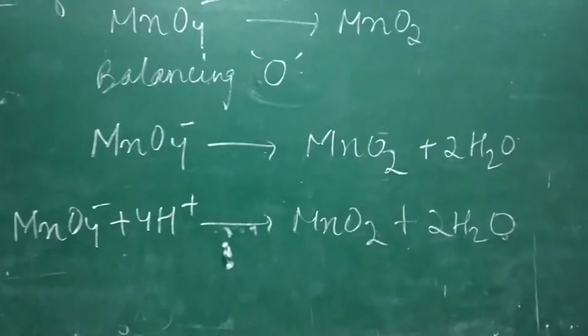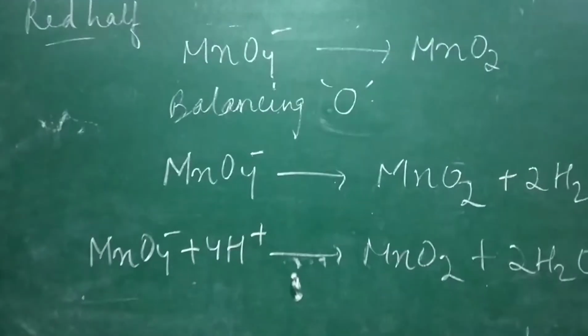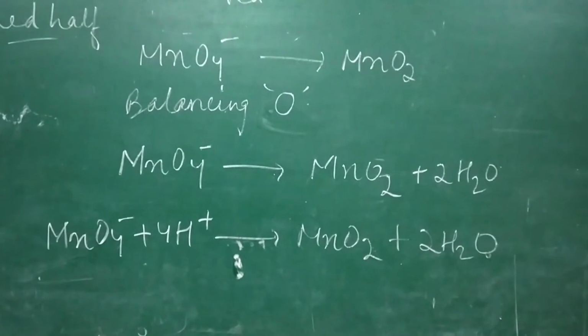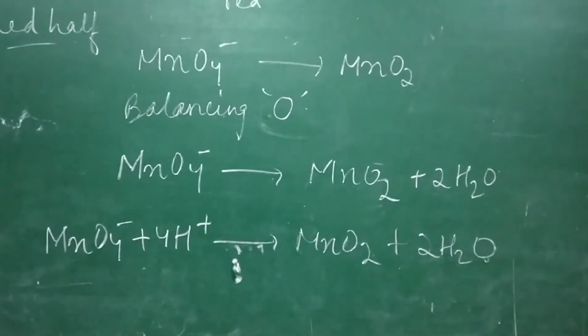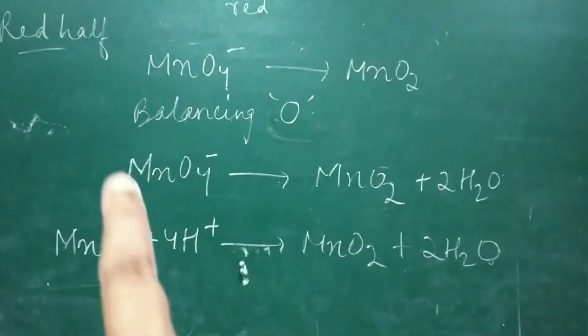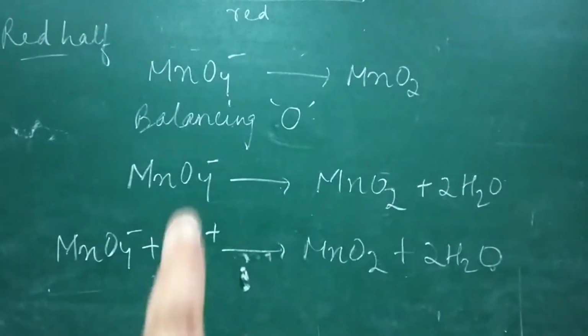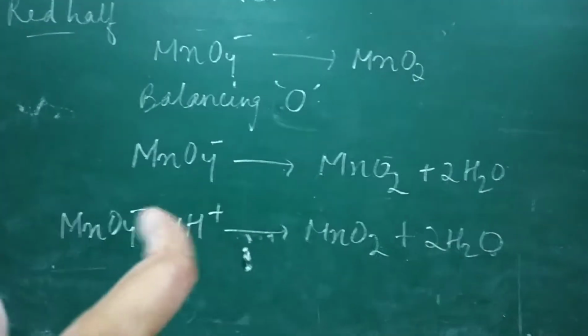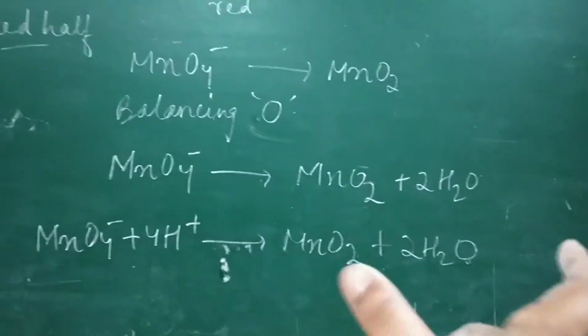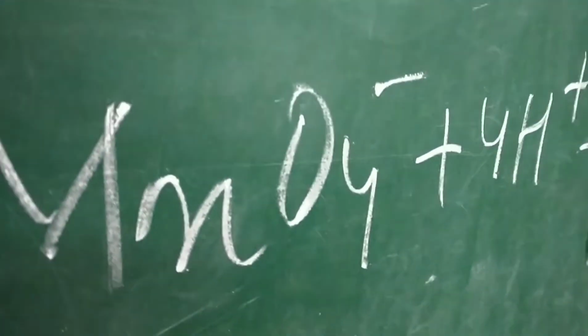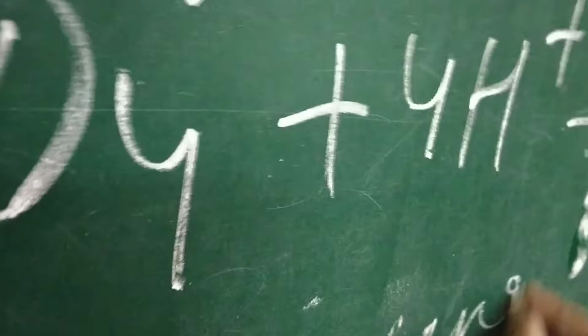So now what we have is all the atoms are balanced. Now we have to balance the charges. Okay, so on the reactant side -1 plus 4, so total is +3. So the net charge on the reactant side is +3. The net charge on the product side is 0. Okay, so next we will write balancing charges.